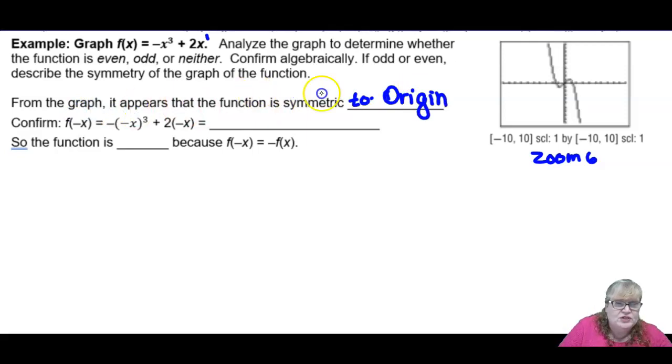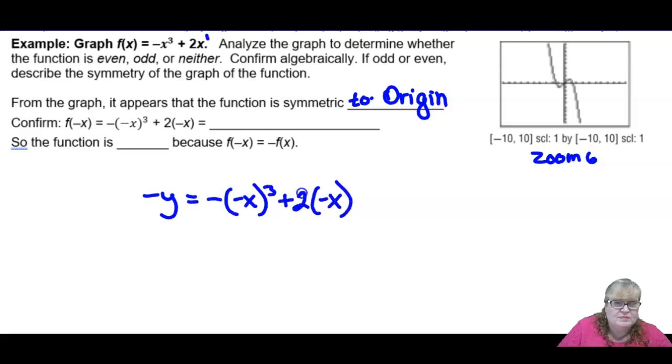If you confirm, origin means you have to change both signs. So back up here, I'm going to make it say the opposite of y equals the opposite of, and I'm putting an x in here and an x in here. Now we got to think about that for a minute. Negative 1 to the third is still negative 1. So I still get a negative 1x cubed when I get rid of the cube here. And back here, 2 times negative x would be a negative 2x, or minus 2x. Now the opposite of this would become a 1x cubed.